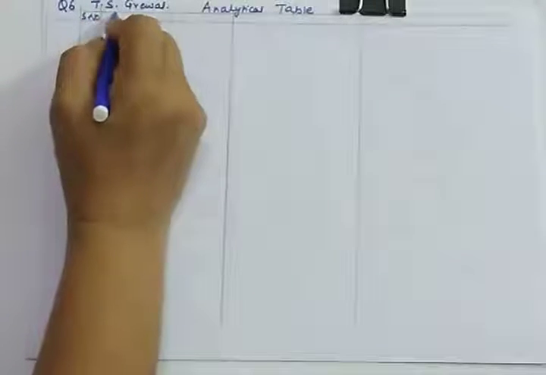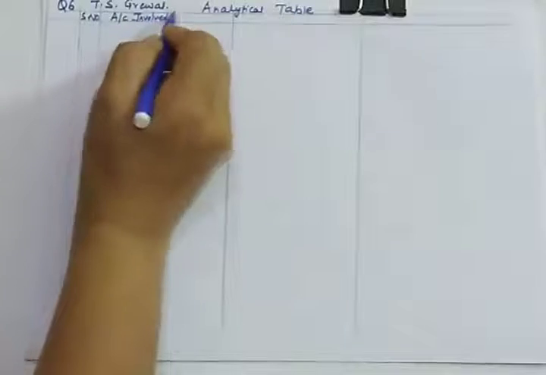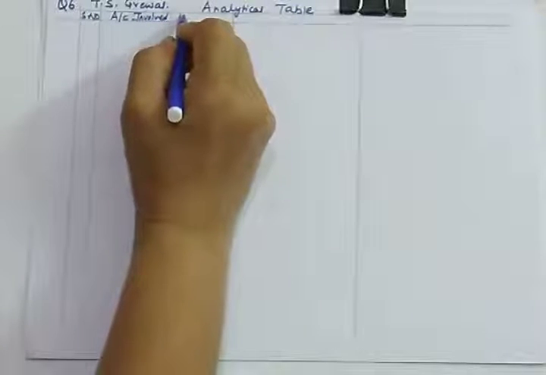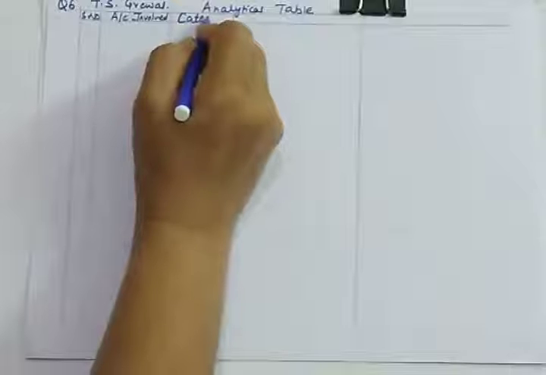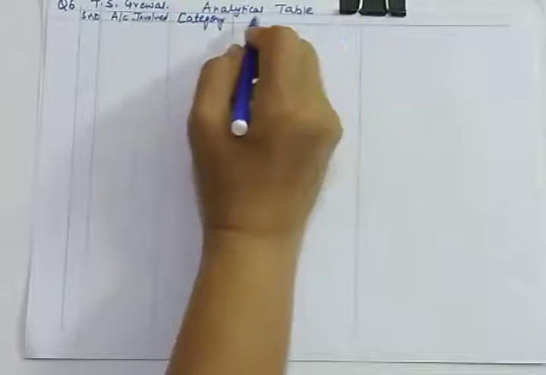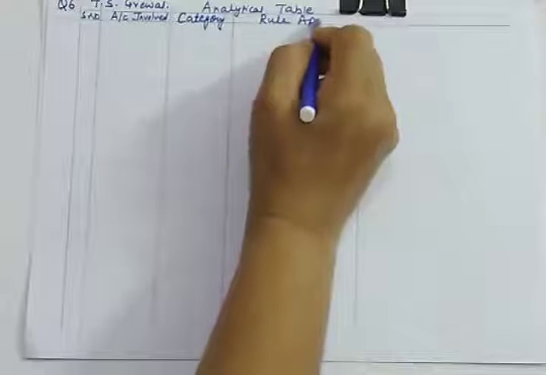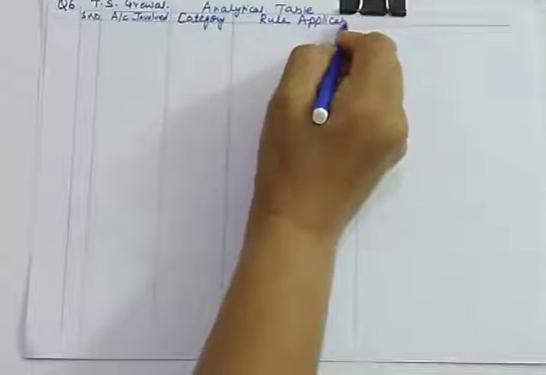Serial number, here accounts involved, and here we'll be writing the category, and after that we'll be writing rule applicable, and application of rule.